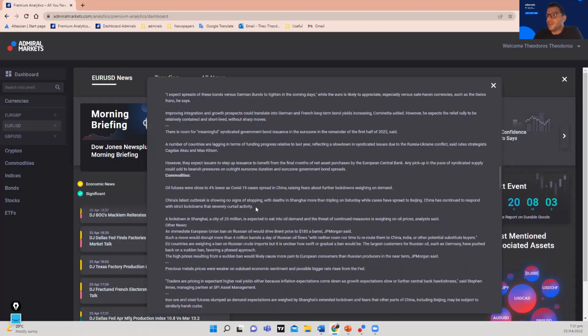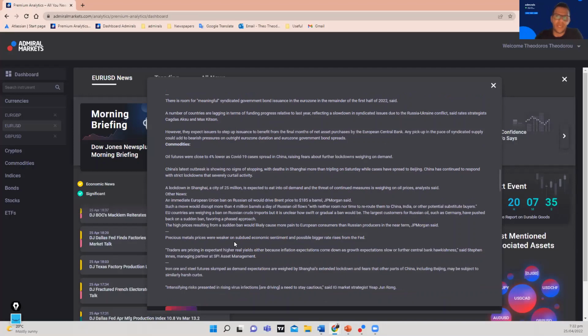Now, if China takes these strict lockdowns, they say here that a lockdown in Shanghai, a city of 25 million people, is going to have a big impact on oil prices. So if you are trading oil, this is going to give you a good understanding, a good indication. Of course, you want to read a little bit more so you can make your own judgment.